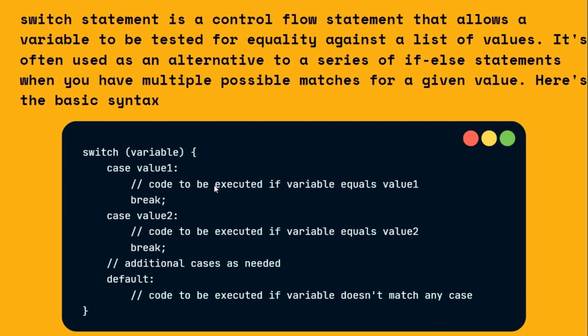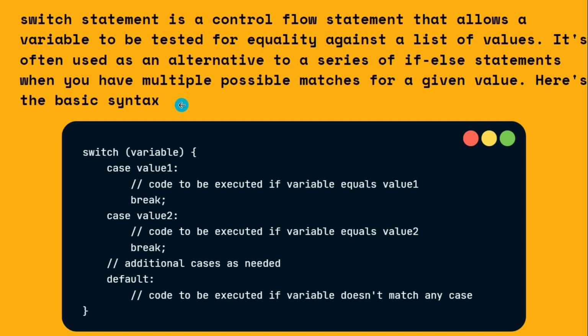A switch statement is a control flow statement that allows a variable to be tested for equality against a list of values. It's often used as an alternative to a series of ifs. So it is an alternative statement.